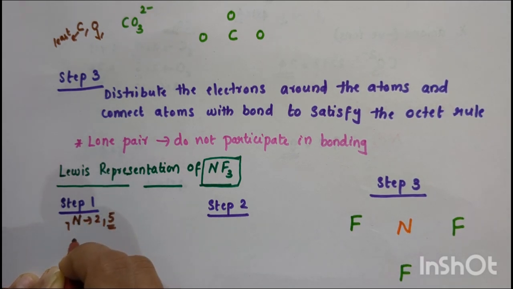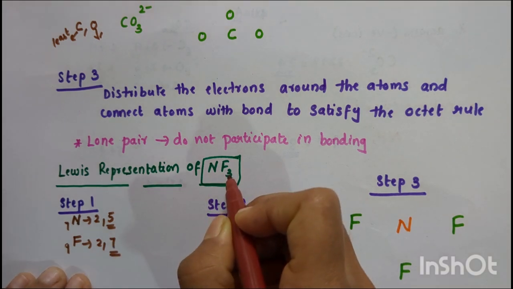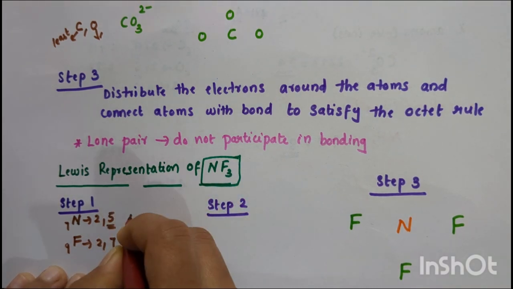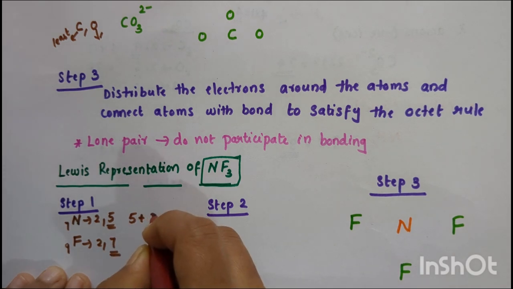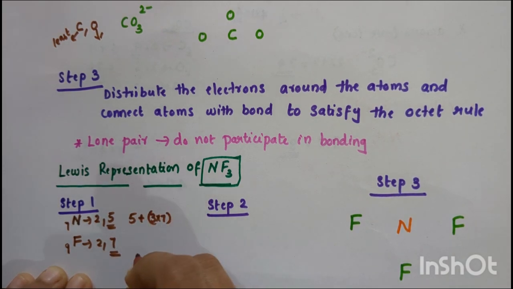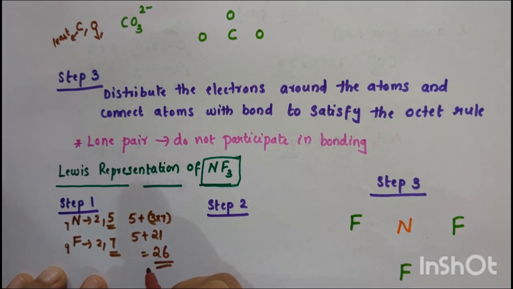One fluorine atom has atomic number 9, electronic configuration 2, 7, so 7 valence electrons, and there are 3 fluorine atoms. So the total is 5 plus 3 times 7, that is 5 plus 21, which is equal to 26. So the number of valence electrons available for bonding is 26.